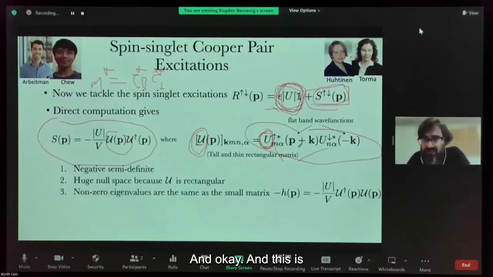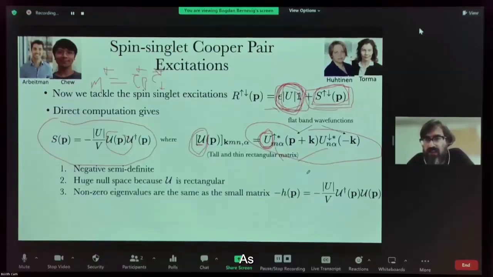Moreover, the fundamental thing that you have to realize here is that this matrix has a large number of zero eigenvalues. So you can ask, I said that this matrix is negative semi-definite. This is a two-particle continuum.